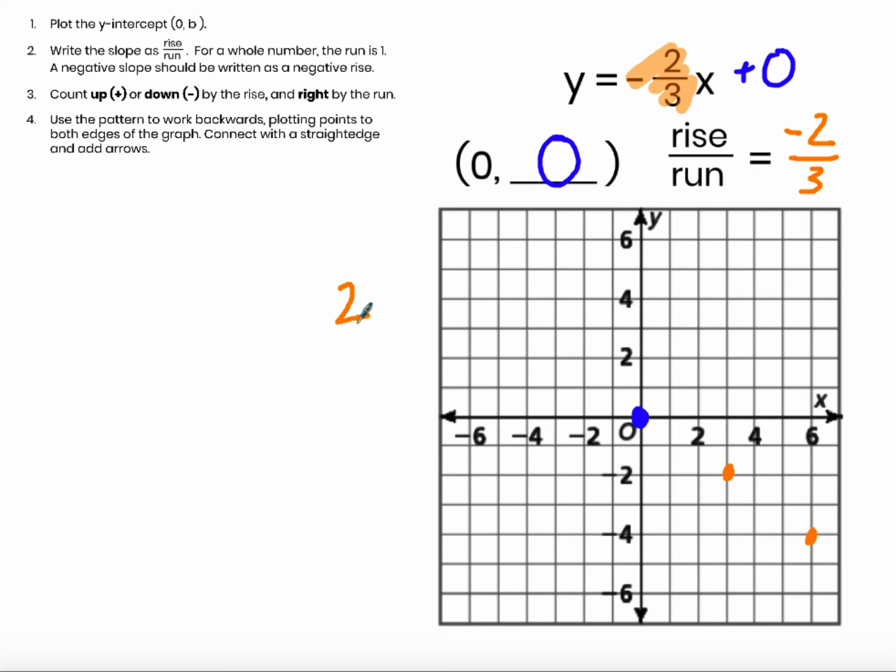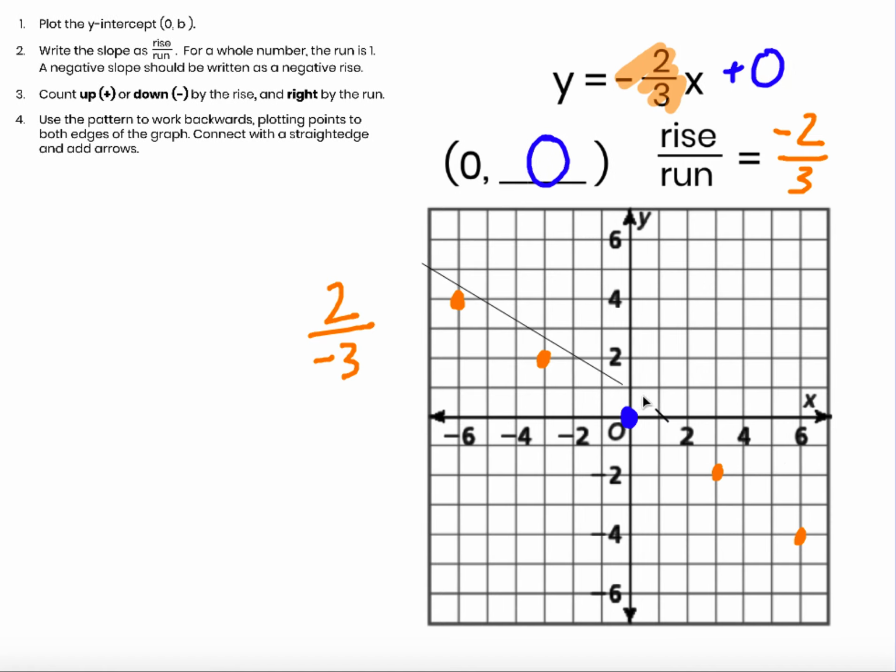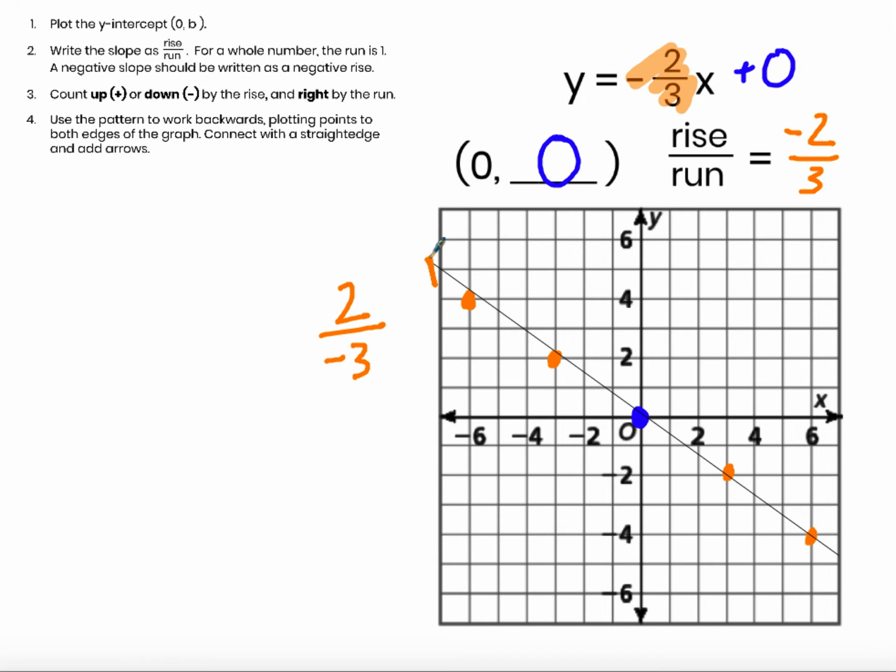We could instead put the negative with the run, so up 2, backwards 3, and that actually helps me plot my backwards points. Up 2, backwards 3, that's fine. But the expectation, or what we need to check, is that since I have a negative slope, as x gets bigger, y gets smaller. Connecting those points with a straight edge and never forgetting arrows.